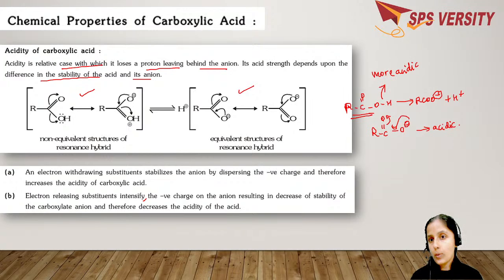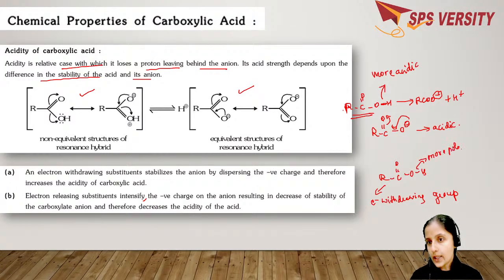For the polarity to increase, there should be some electron withdrawing group attached here, which is going to pull out the electrons, because of which the OH bond becomes more polar.